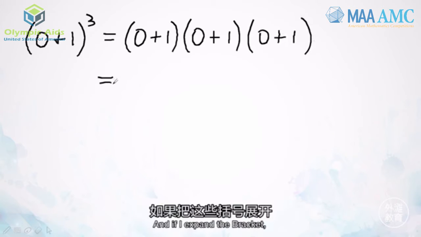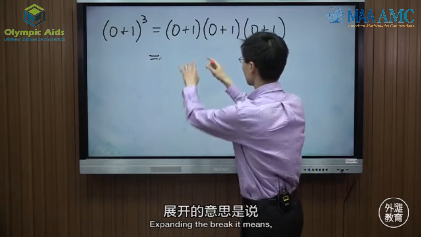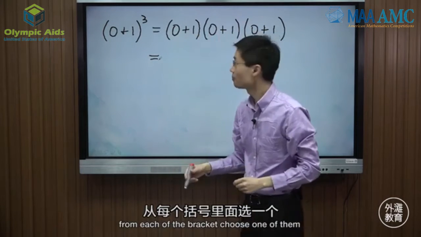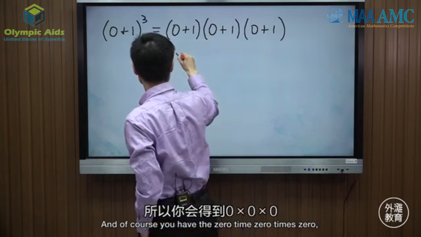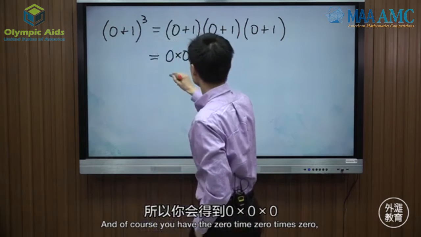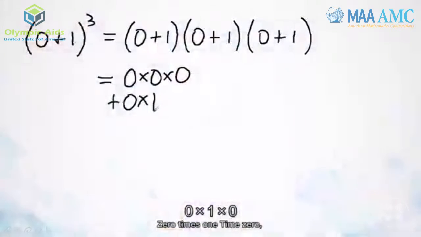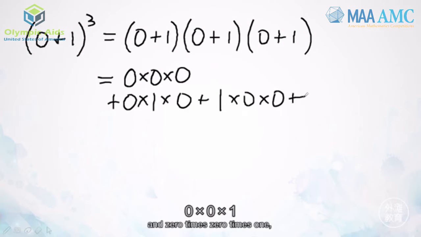And if I expand the brackets, expanding the brackets means from each of the brackets choose one of them. Well, of course, you'll have 0 times 0 times 0, but you'll also have some other kinds, 0 times 1 times 0, 1 times 0 times 0, and 0 times 0 times 1.